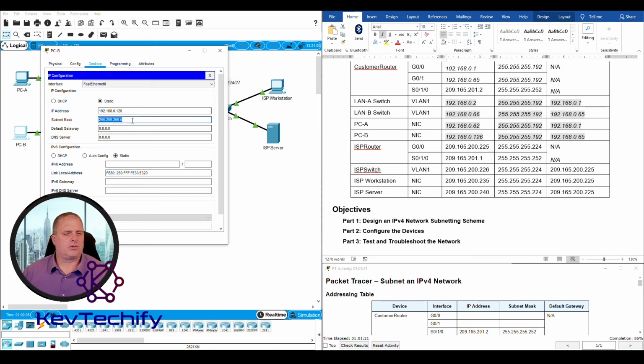Subnet mask auto fills out to the /24, but we're using a /26. We need to change the last octet to .192, and we need to fill in our default gateway 192.168.0.65. There we go. Now I still haven't clicked out of that field. Notice my completion's at 91%. As soon as I click out of that field, it takes me up to 95%.